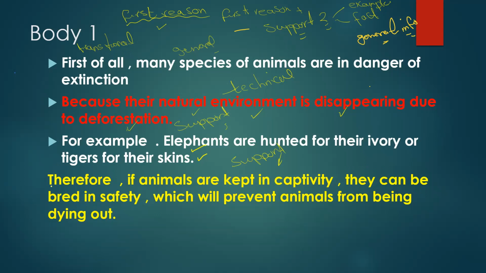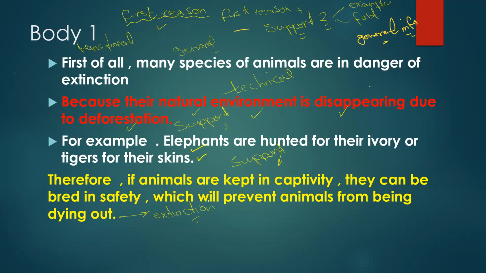by saying, therefore, if animals are kept in captivity, they can be bred in safety, which will prevent animals from dying out. If you look here, you will notice that he used the words dying out, which means extinction and extinct.